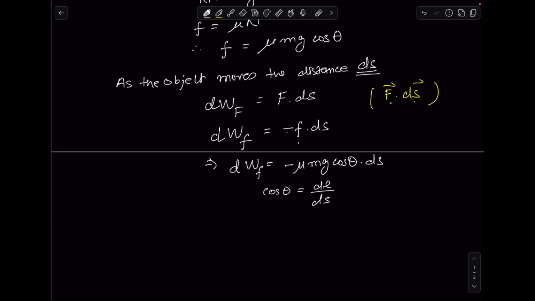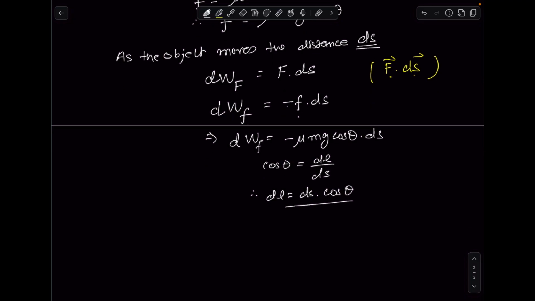So cos theta is dl by ds, and therefore dl equals ds cos theta. So we can use this to say that the small work done by the force of friction equals minus mu mg dl. So this is one important result here. Let's keep marking the important results.